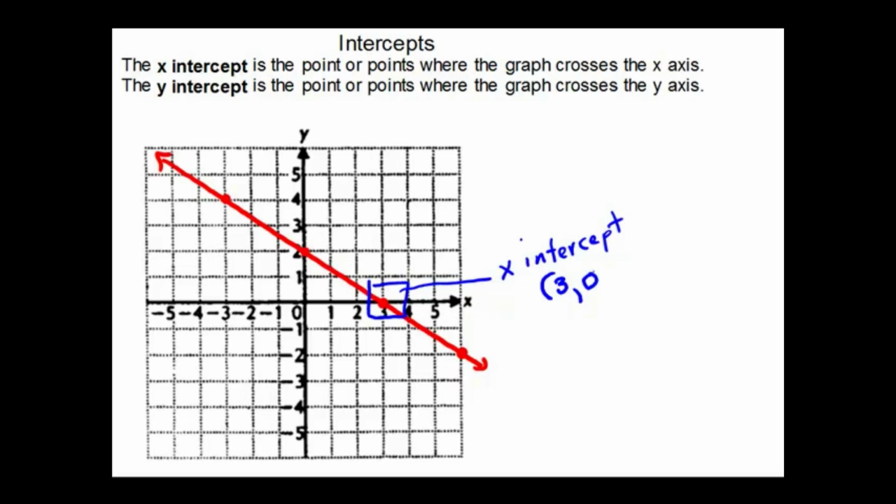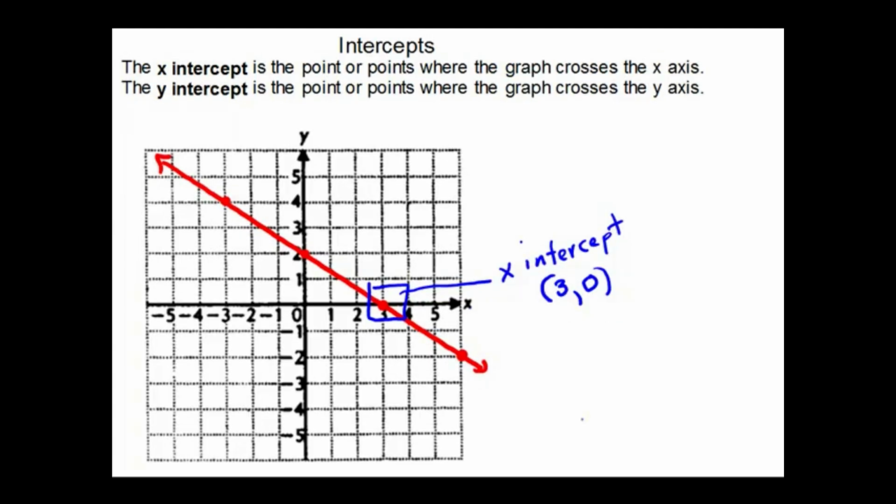It has not moved up or down. Let's think about this x-axis in general. If any point is going to land on this x-axis, what is the y value? It will be 0.